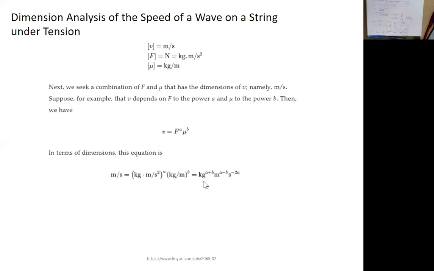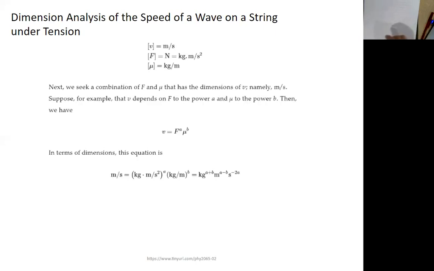So this is the right-hand side, and this is the left-hand side. On the left-hand side, you see there's no kilogram, so that means A plus B will be 0. Let me just write that down here.